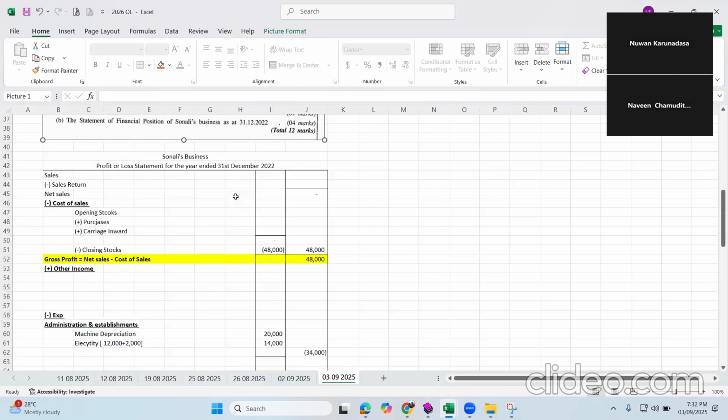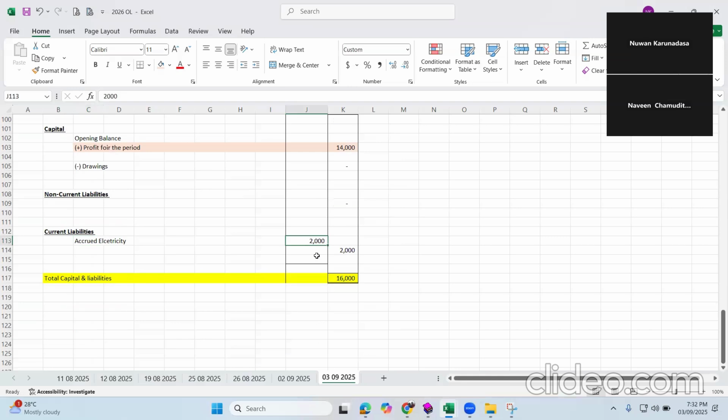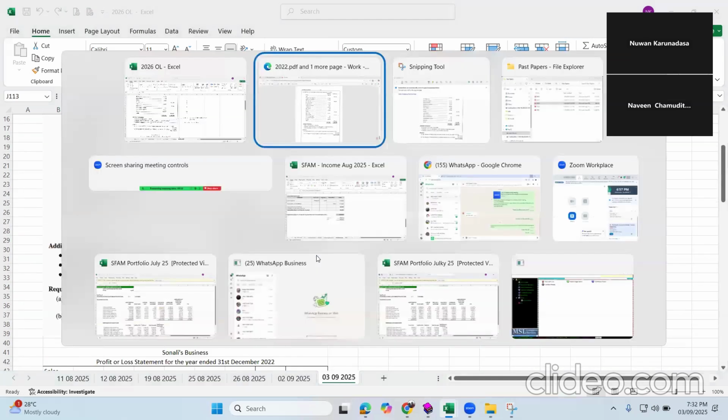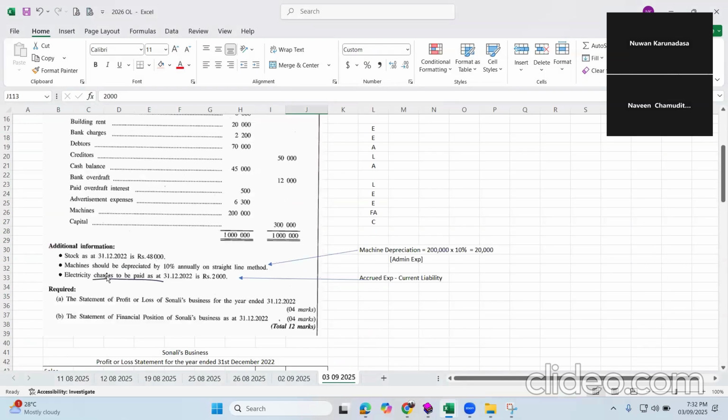Altogether, the electricity expense is how much? 14,000. The unpaid amount we have recorded under the current liability, accrued electricity. It's done. Adjustments done. All three adjustments we have done.